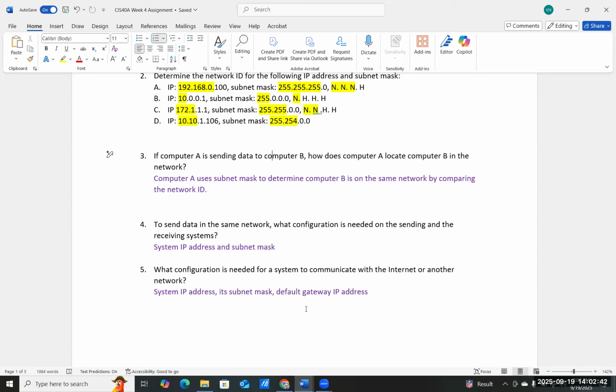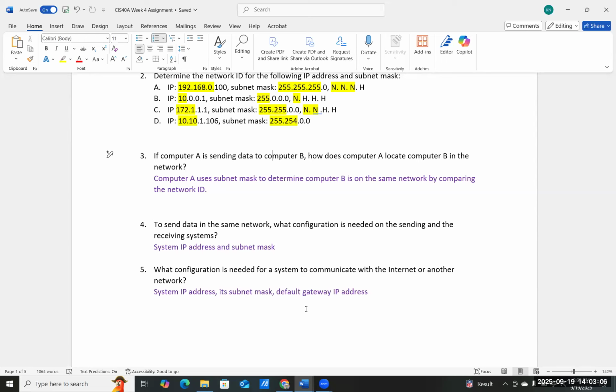And then based on that, it's going to examine the subnet mask to say, oh, now I have to take it from this network into the destination network. So the subnet mask is going to tell it whether it's on the same network or not, so it has to leave the network. And then also the default gateway, which is mostly your router.